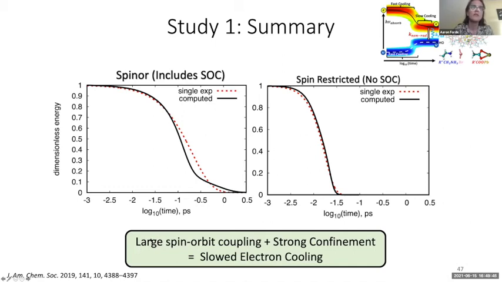So to state it again, large spin orbit coupling and strong confinement give slowed electron cooling, which can be potentially important for photovoltaics because it would overcome the heat loss assumption from the Shockley-Queisser equations.